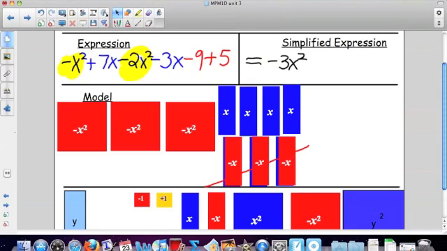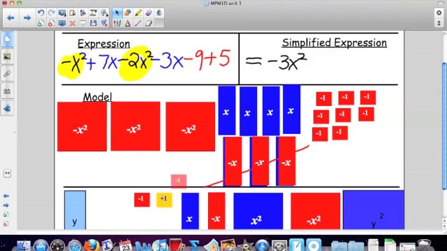In terms of unit tiles, do you have more positive or more negative unit tiles? Matthew? More negative. Okay, so we're going to start off with negative 9. 1, 2, 3, 4, 5, 6, 7, 8, and 9. And how many of these negative tiles are canceled out with positive algebra tiles?